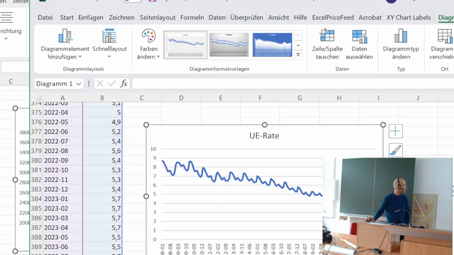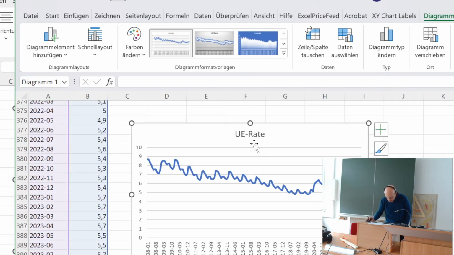And here's our rate, and then let's go down to 4%.